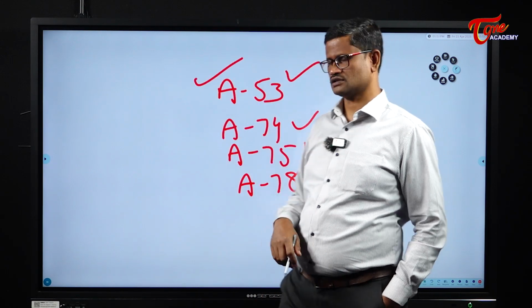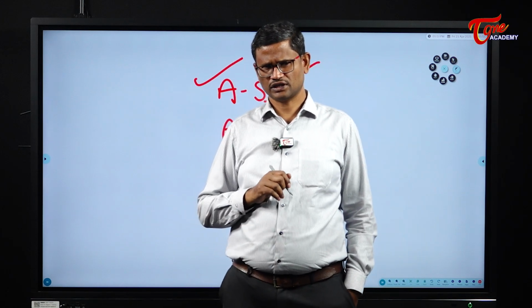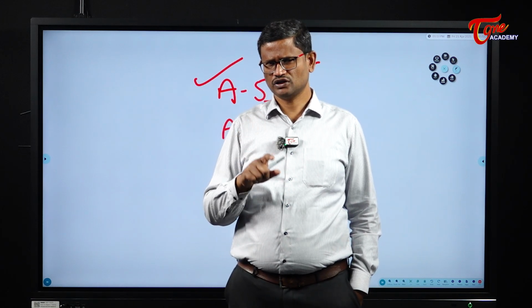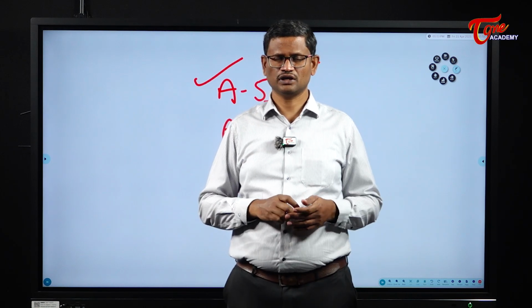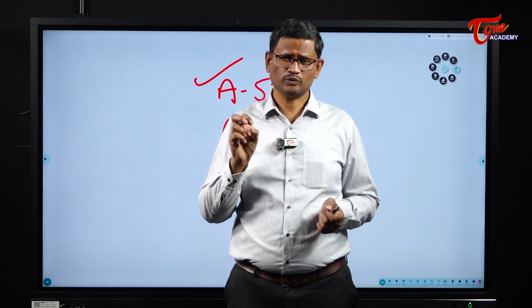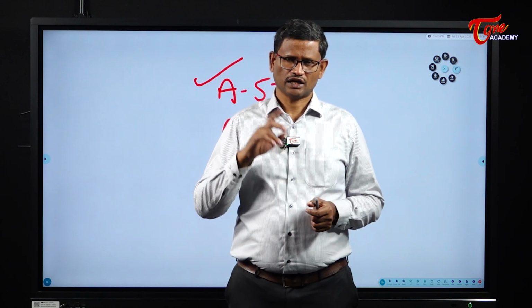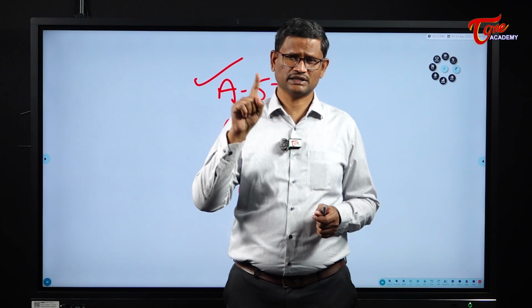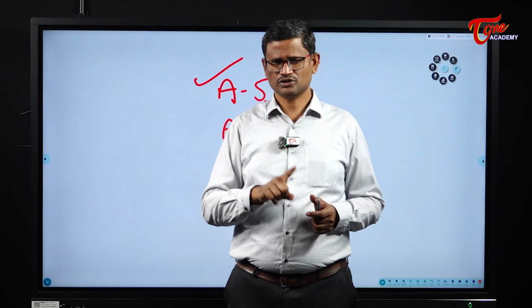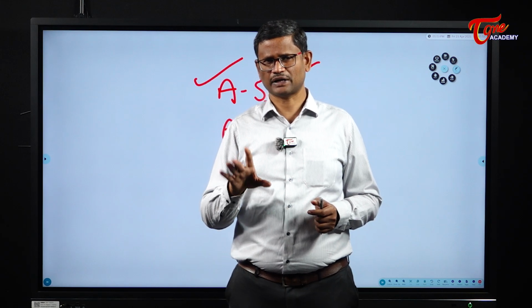Article 53 says all the actions of the union government, so the entire administration at the union level, is carried on in the name of the President. But the President doesn't administer. Remember, the administration is done by the Council of Ministers headed by the Prime Minister.